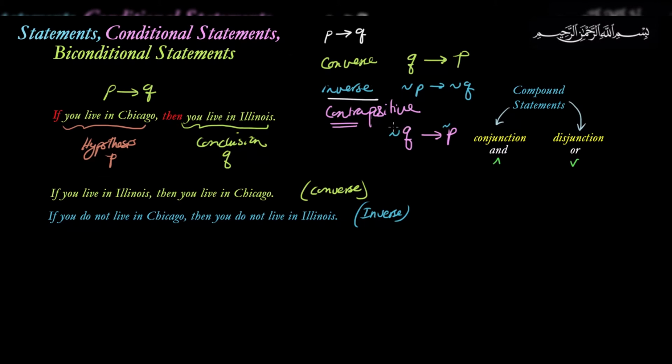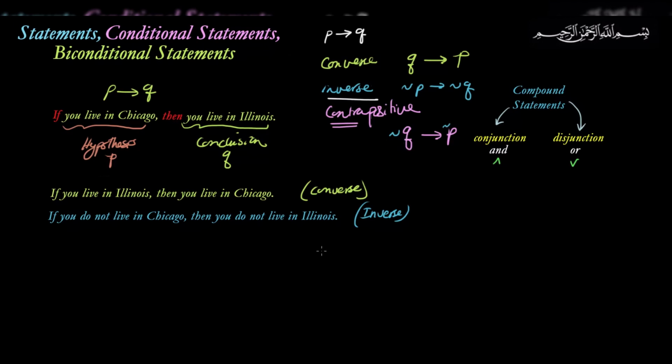To create a contrapositive statement, first you do the converse, the reverse of the statement, so it's Q goes to P, and then you take the inverse of that reverse statement. You make both negative, the negation of that. So contrapositive is the inverse of the converse statement.